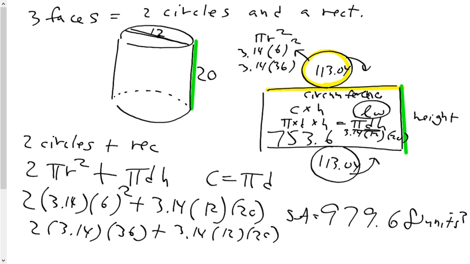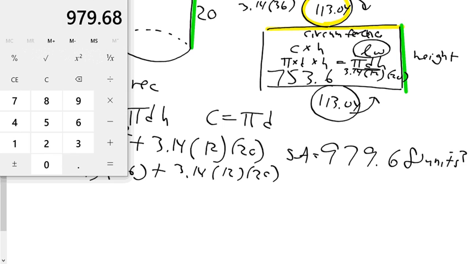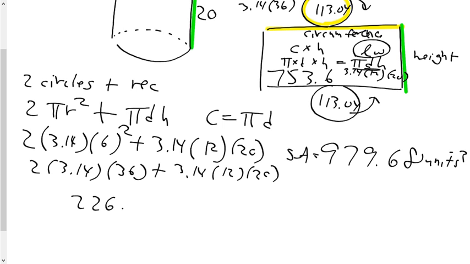Take our calculator out. So 2 times pi times 36 is 226.08, plus I have to do my other multiplication.